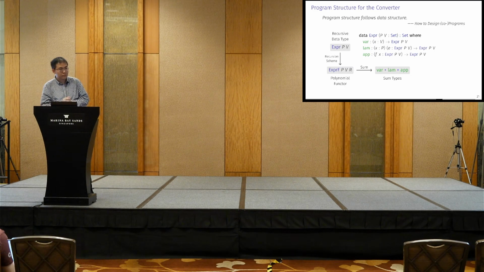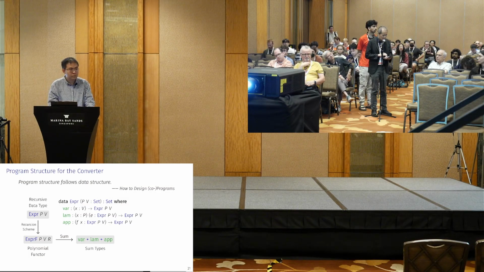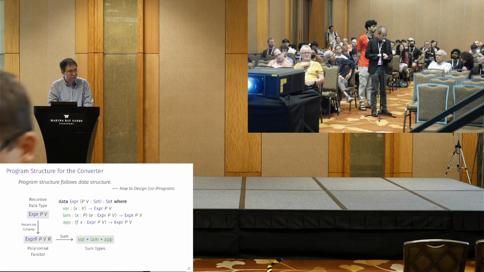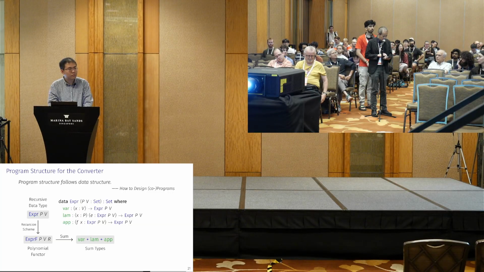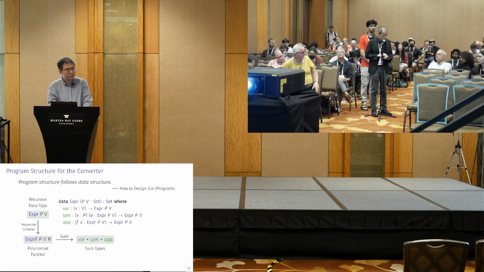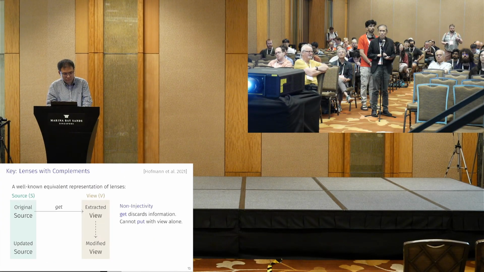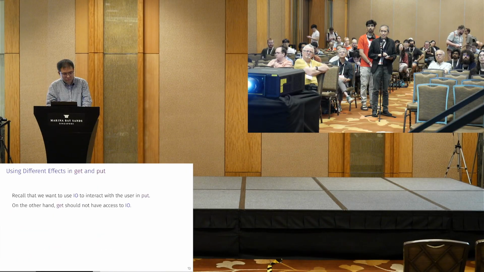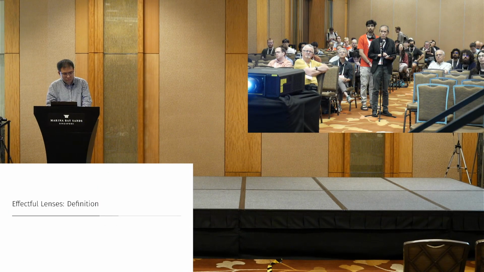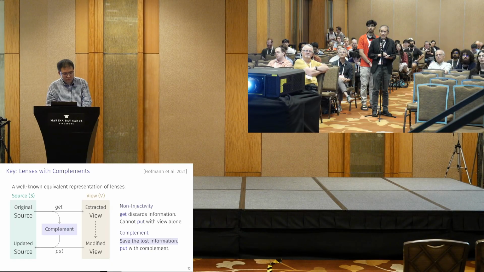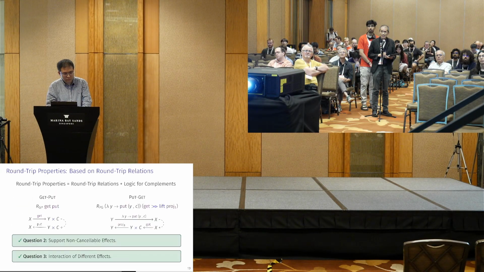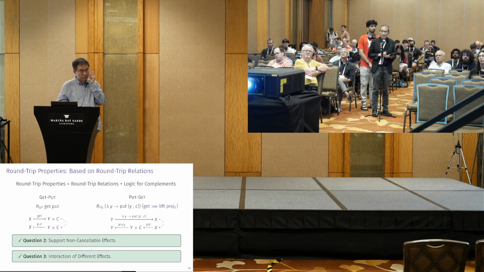Very intriguing work. I'm just trying to understand your response to question 2 about supporting non-cancellable effects. As I understand it, your contribution is that you have reduced it to a law that non-cancellable effects have to satisfy.